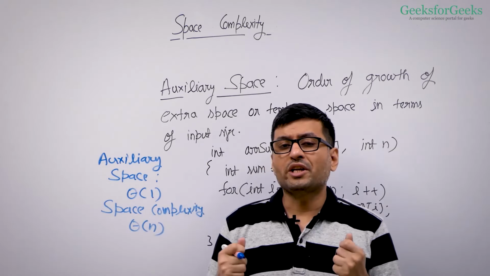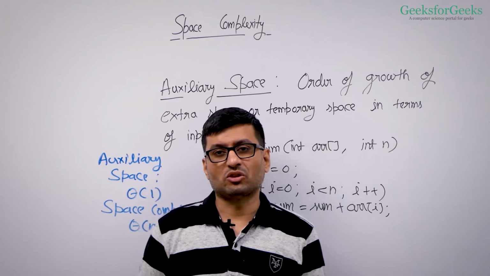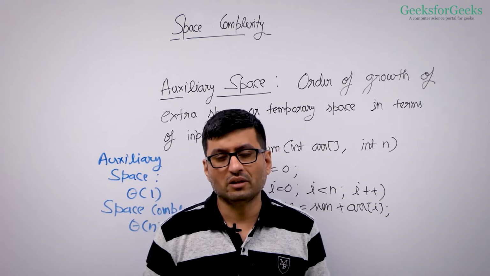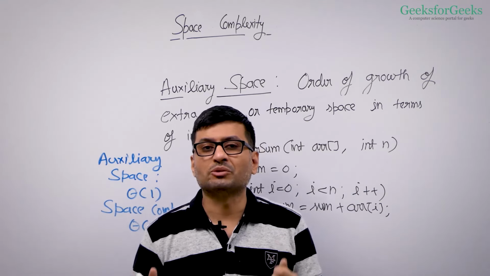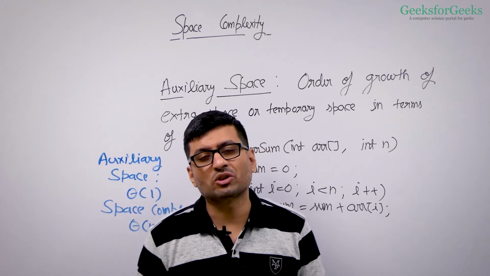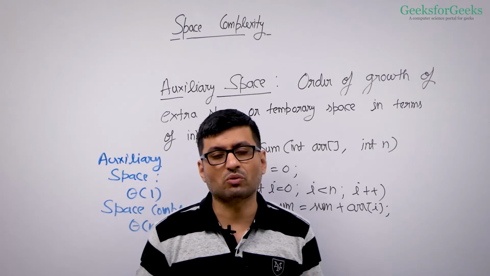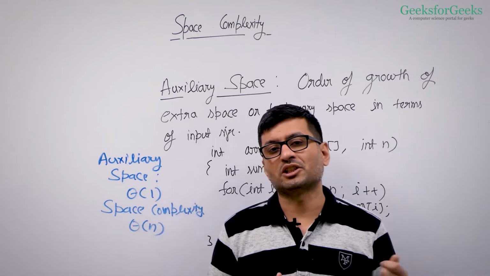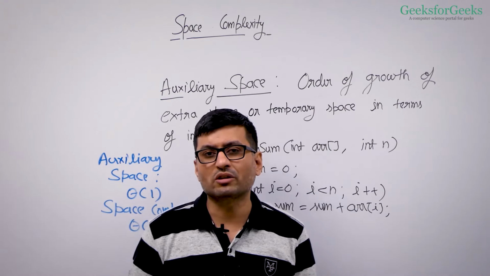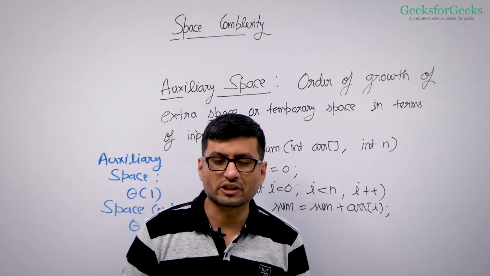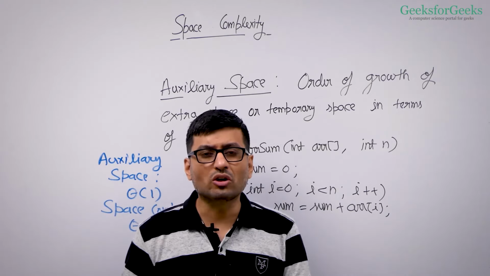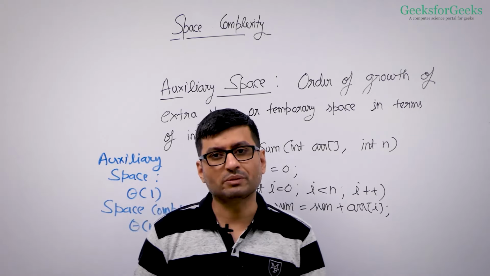But we cannot compare them in terms of space complexity because they are all theta n. So we compare them in terms of auxiliary space. How much auxiliary space does a sorting algorithm require? We say insertion sort, selection sort, bubble sort, heap sort, they are all theta 1 auxiliary space. Merge sort is theta n auxiliary space.